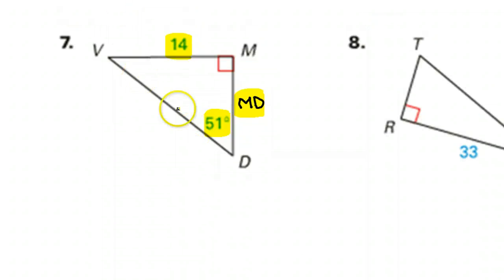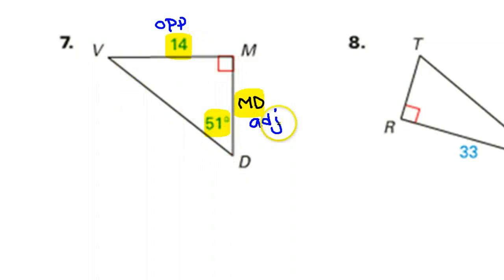So I need to decide which function this is. Have you figured it out yet? Well, from the 51, this 14 is opposite, because it's away from the 51. This MD is adjacent because it's right next to the 51. The VD here would have been the hypotenuse.